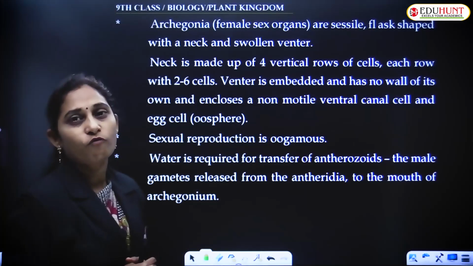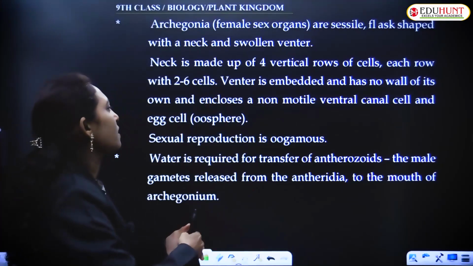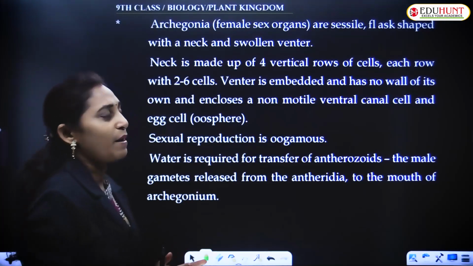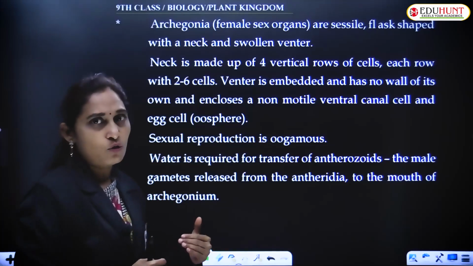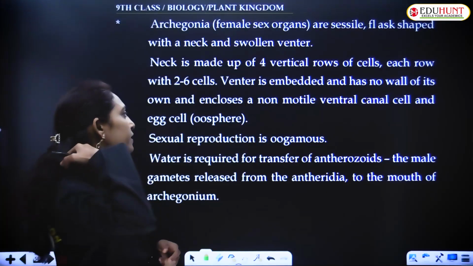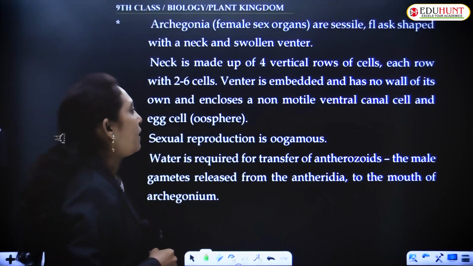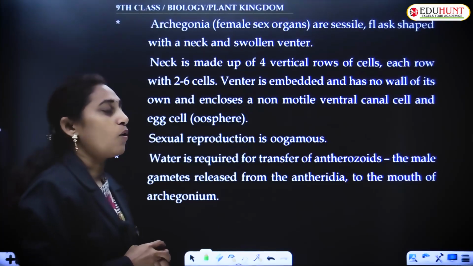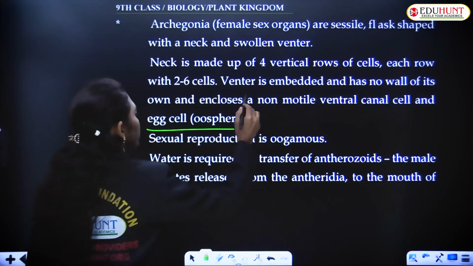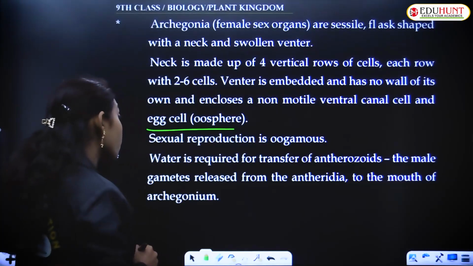Neck is made up of 4 vertical rows of cells and each row with 2 to 6 cells, and venter is embedded in the gametophytic tissue, has no wall of its own, and encloses a non-motile ventral canal cell and an egg cell or the oospore.